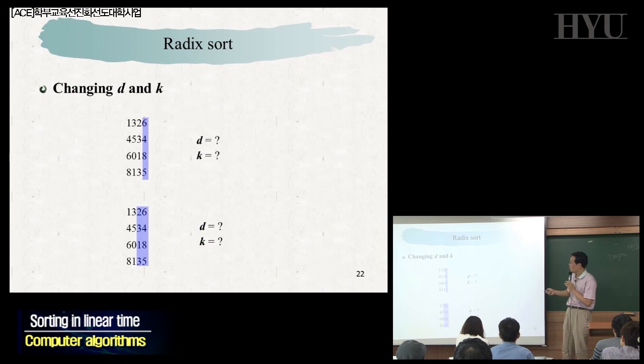Then, what is the number of radixes? 이종하? 4, yes. And what is the range? Size of range? 4?